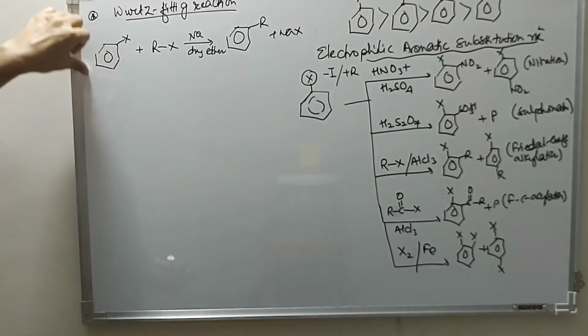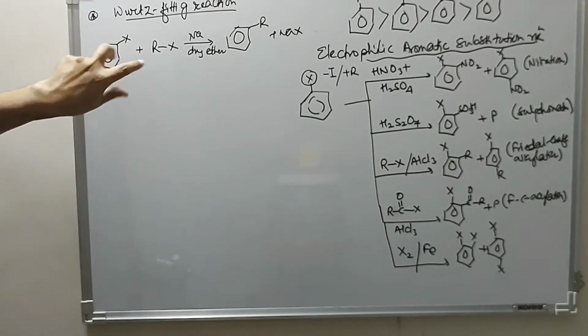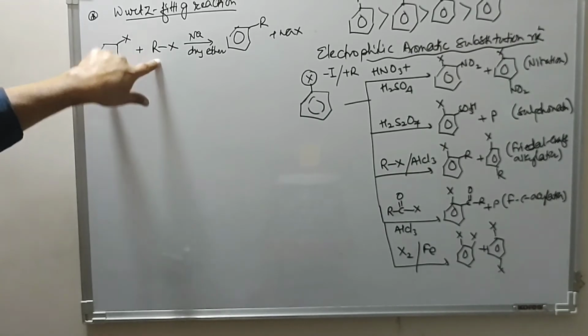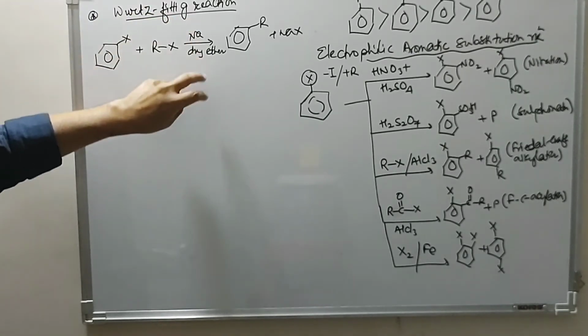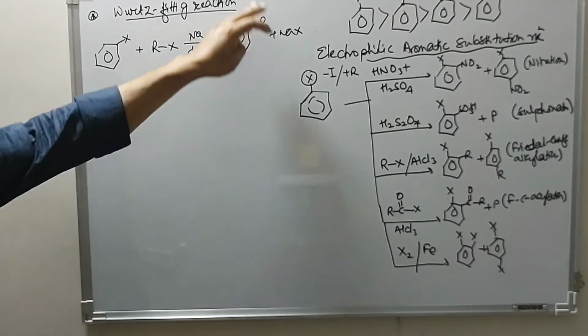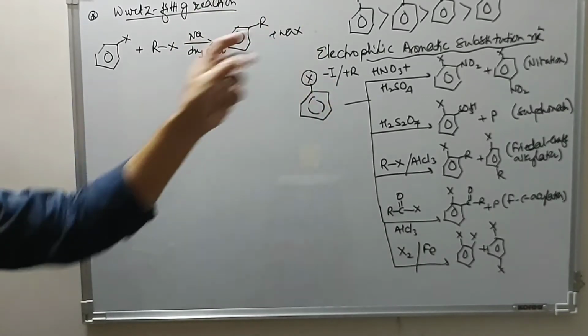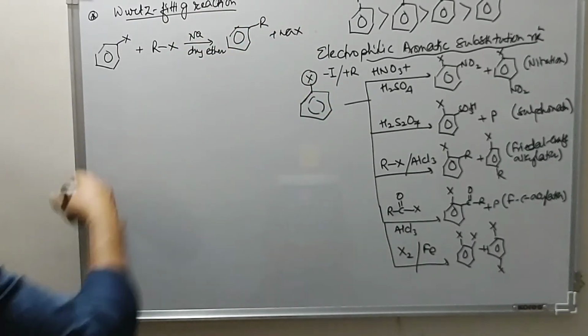So this is aryl halide, this is alkyl halide. Coupling reaction of aryl halide and alkyl halide with sodium metal in presence of dry ether gives you alkyl substituted benzene. This is known as Wood's reaction.